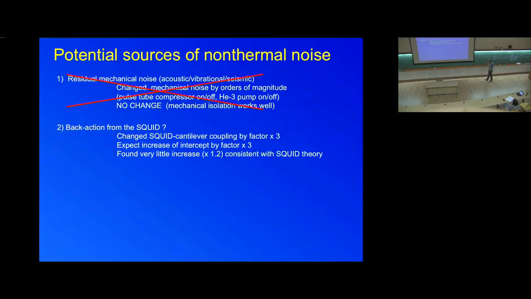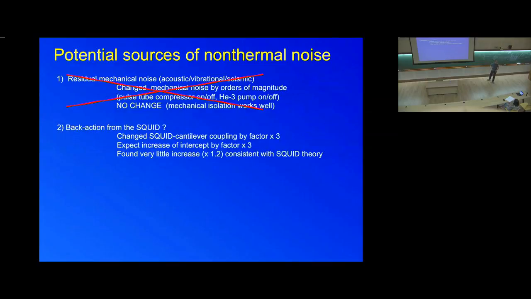You have a current which can be of the order of the critical current, a few microamps, let's say 5 microamps, which oscillates in this ring. And this generates a microwave field in here.